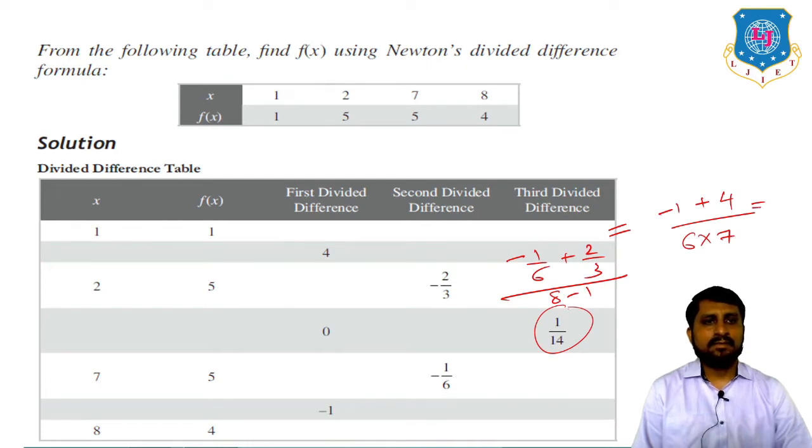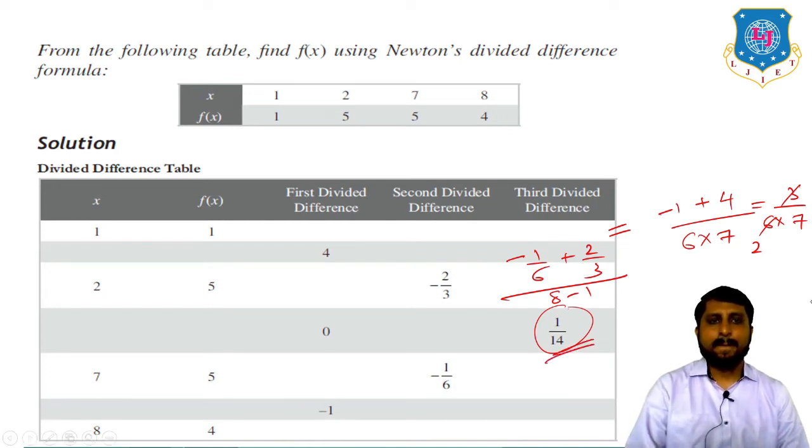This is plus 3 by 6 into 7, so 3 by 14. The 3 will be cancelled out, so the final answer is 1 by 14.